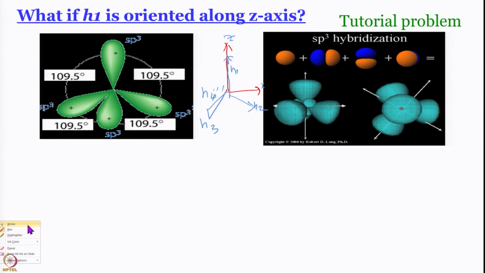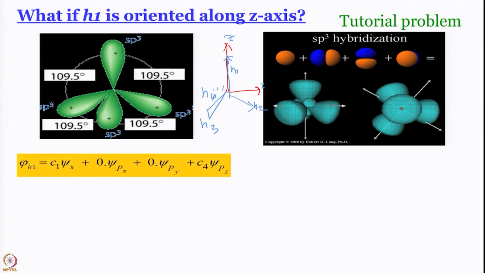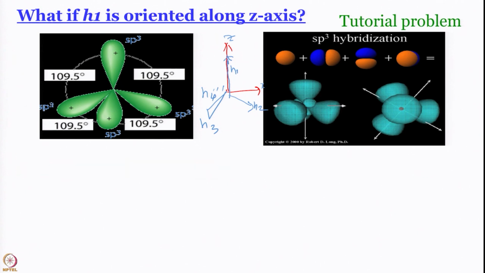Now, we want to see what kind of coefficients we get, and we want to check whether it gives similar results compared to the earlier case where the coefficients were all either plus half or minus half. Great. So how do I get the first one? First one is very similar, let me write a little bit.